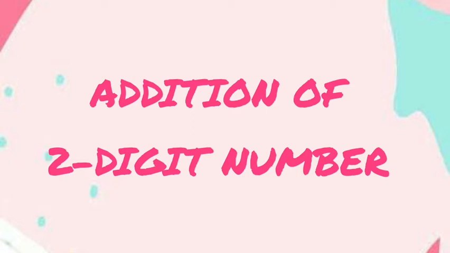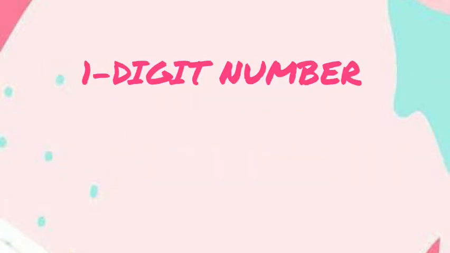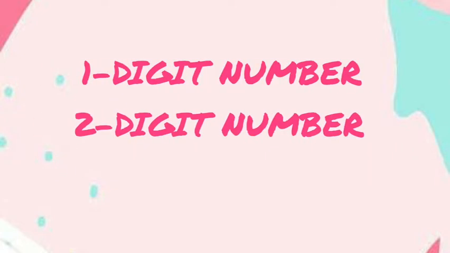Today, in our maths class, we are going to start a new chapter, that is addition of two-digit numbers. In our previous chapter, we all have studied about one-digit numbers and two-digit numbers, that is from 0 to 99.